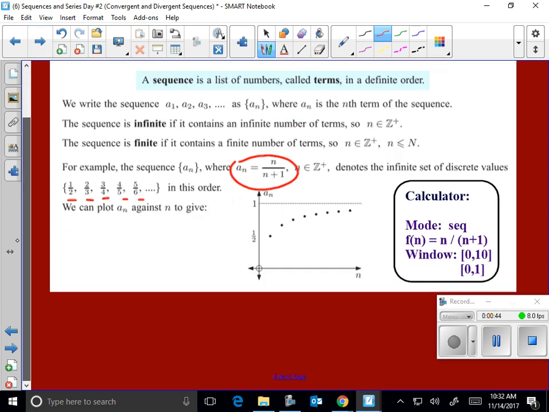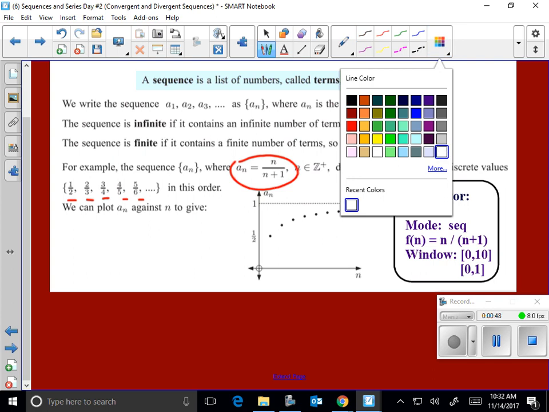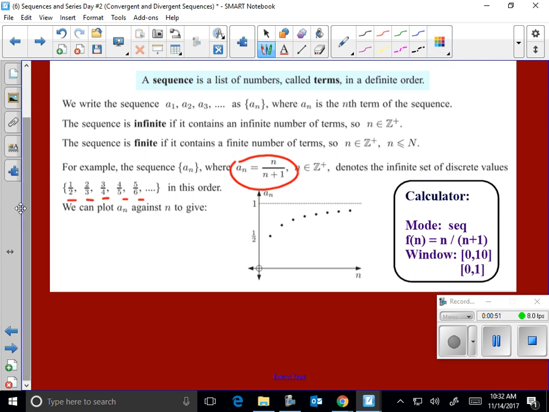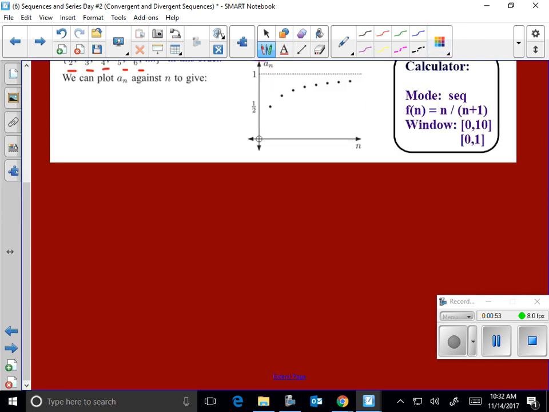What's another way I could visualize this? Well, I could visualize this as a function, which we'll get to in another slide in a moment, but I'd like you to see this. Let's say that this sequence, f of n, is n over n plus 1. Could I maybe just visualize that like a function?